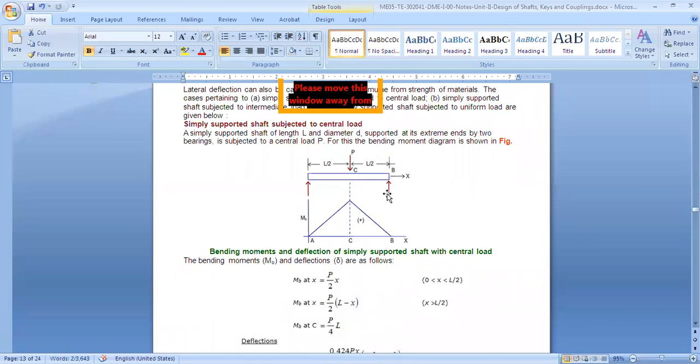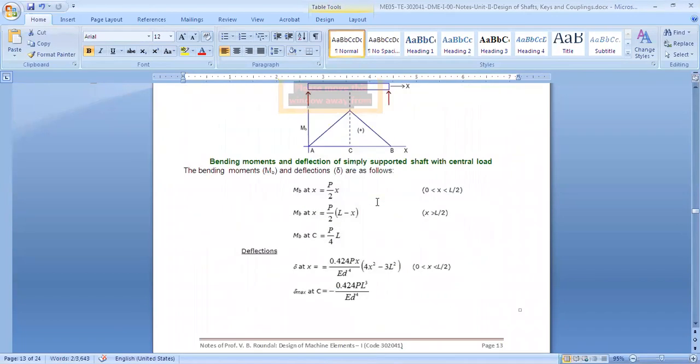So if we take the moment at any point, it will be P by 2 multiplied by x, that distance. And at C, at the center, it will be P by 4 into L. So the deflection at any point x will be given by this equation.